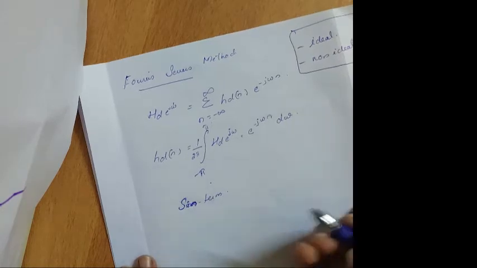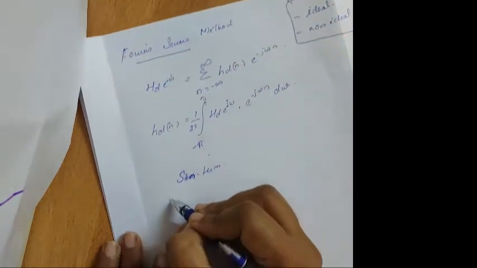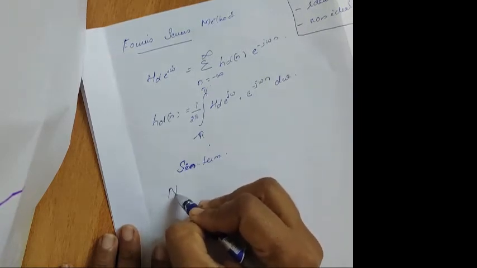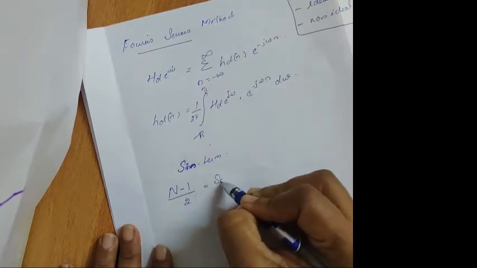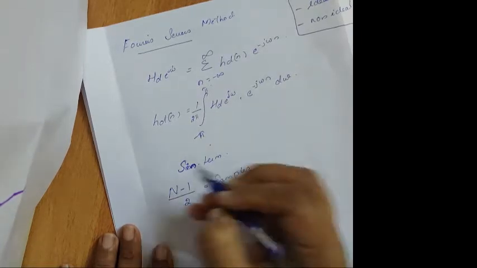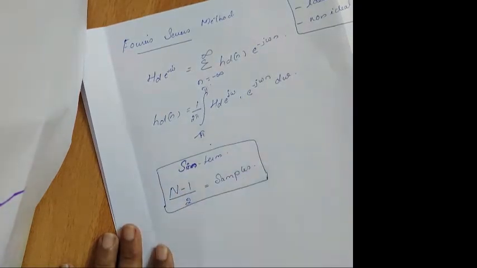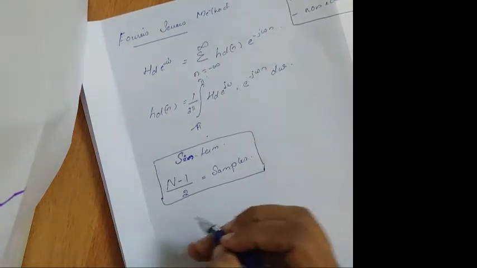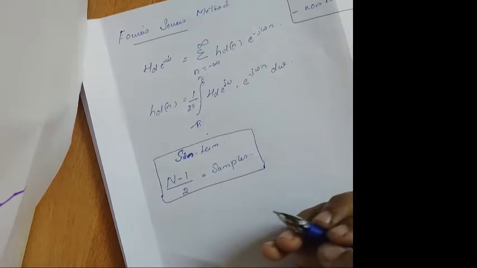If we have to find the data from the n samples that will be given, we have to find n minus 1 by 2 samples. After finding the n samples, we have to convert this to a transfer function.